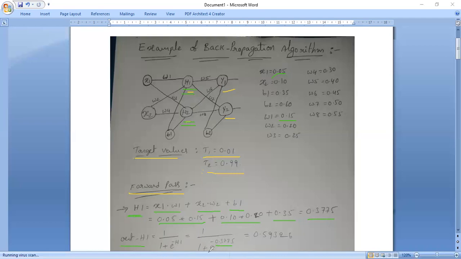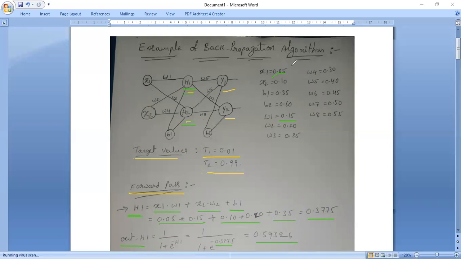Calculating this formula, we get the output of h1 as 0.59326. We have calculated the net input of h1 and the output of h1 using these two equations.